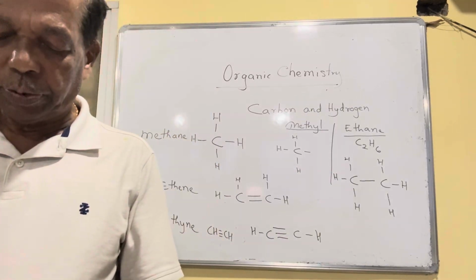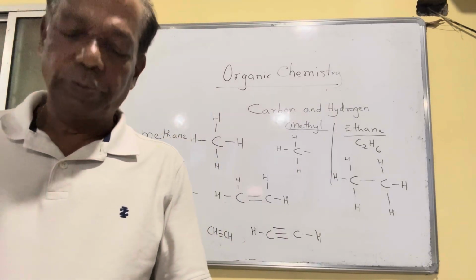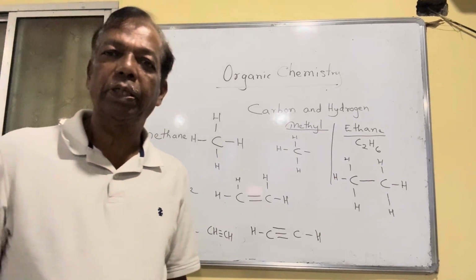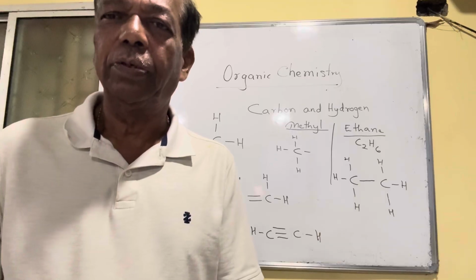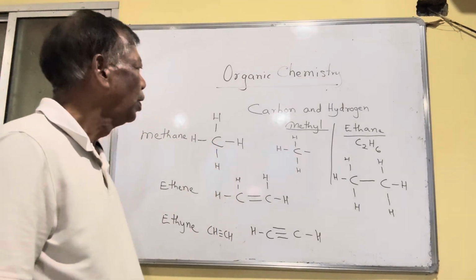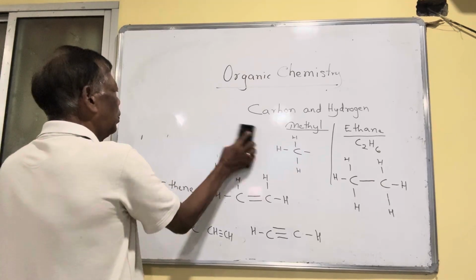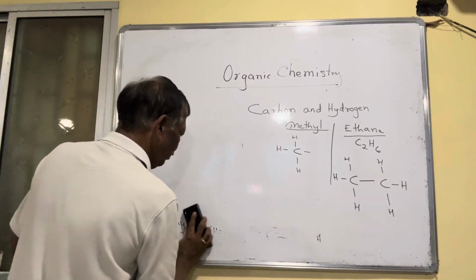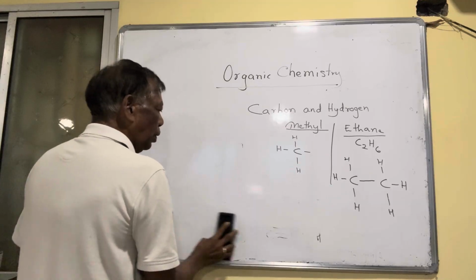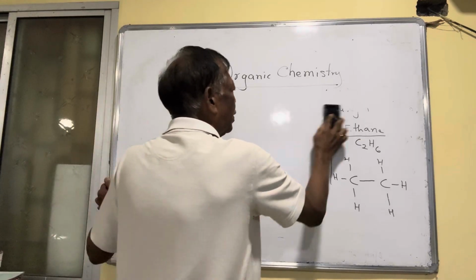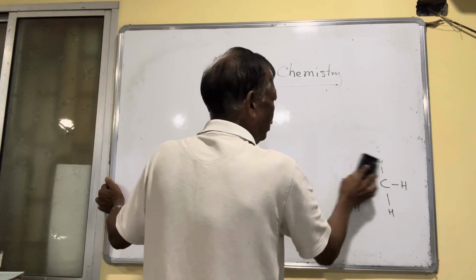Now I am going to start the first topic of organic chemistry, called haloalkane, mainly for 12th standard students. Let me explain what haloalkane is. I am putting this video so that 12th standard students can get the benefit of it.